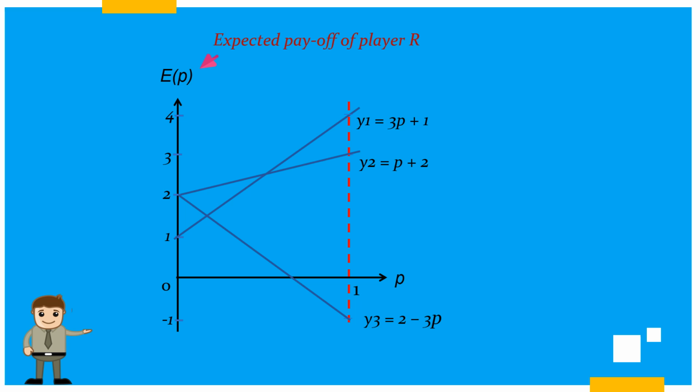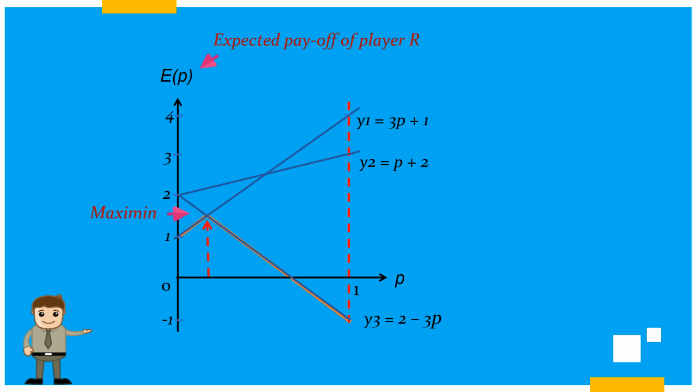Now player R wishes to maximize his minimum expected payoff. Thus, the value of p is the value that peaks at the bottom line, which is the point of intersection of line y1 and y3.